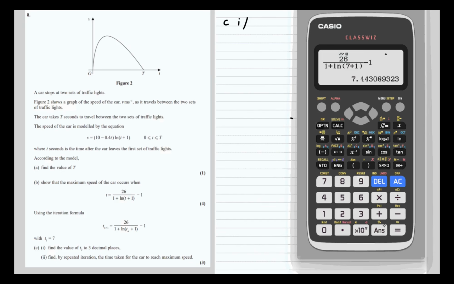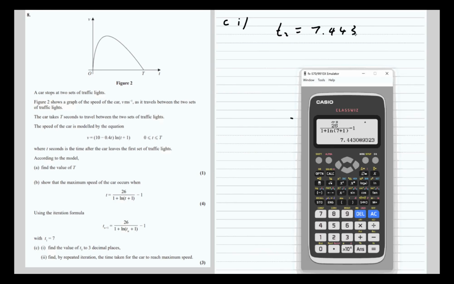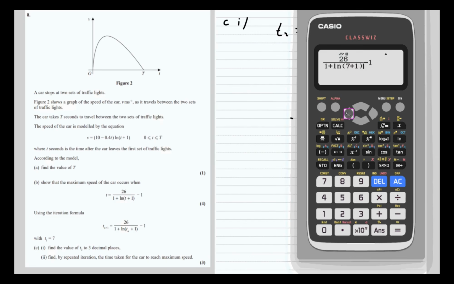So we get 7.443. So that's right, t2 is 7.443. And then we can just change the 7 into our answer, and we get t3 as 7.298.